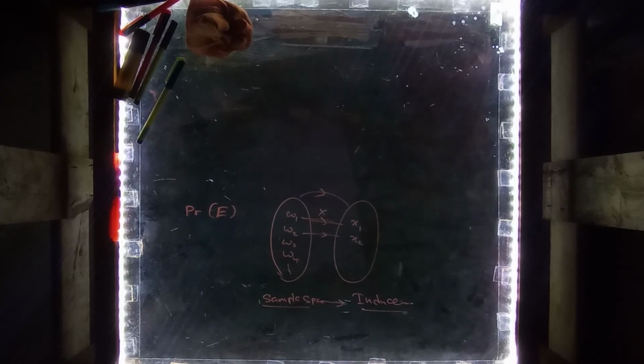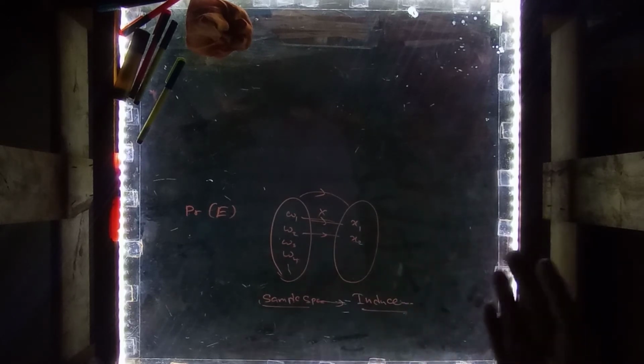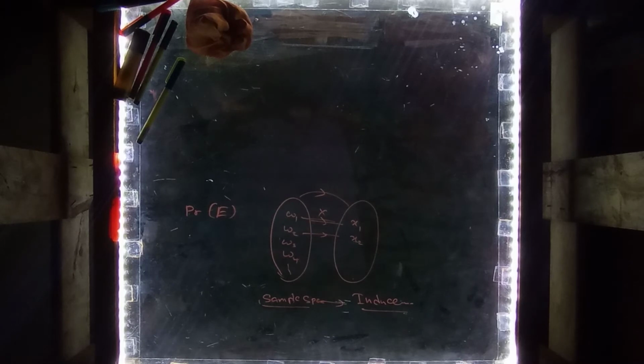Let me summarize it mathematically, and I also need to let you know that there are basically two types of random variables, called discrete random variables and continuous random variables. Based on these two types, we will describe two probability distributions.